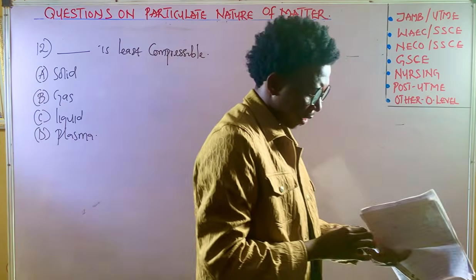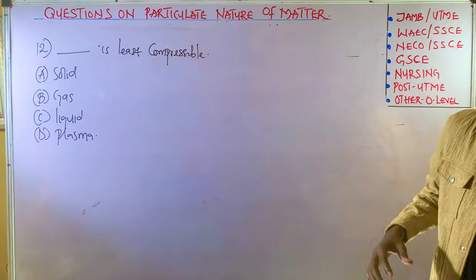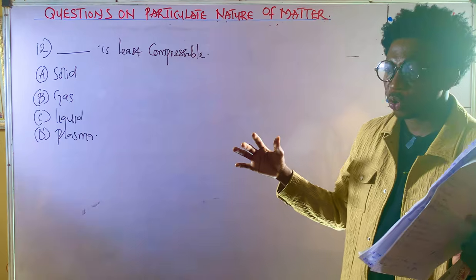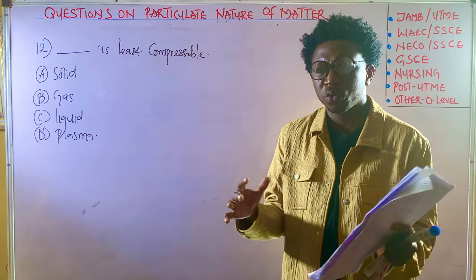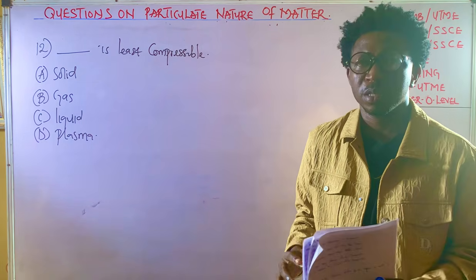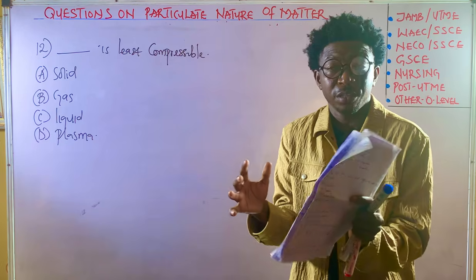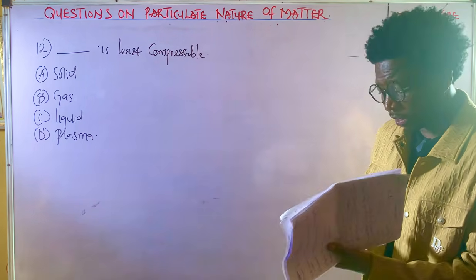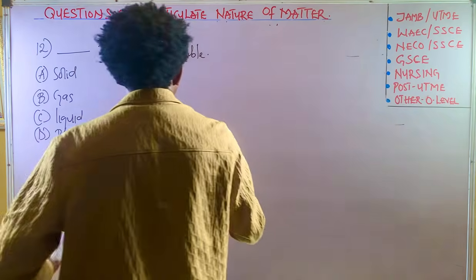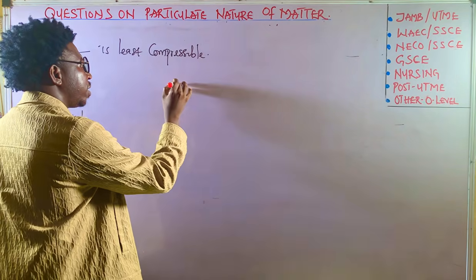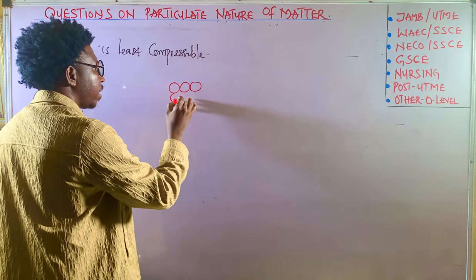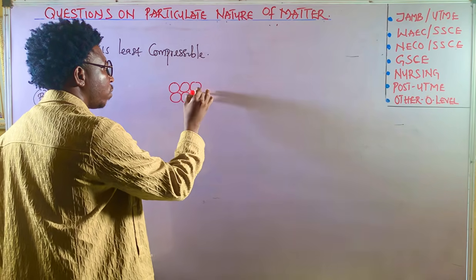Dash is least compressible. Now, compressibility actually means we are trying to compress, trying to decrease the intermolecular space, trying to decrease the space between the particles of different states of matter. Like we've drawn before, in the previous question, we drew something like this. For solid, these guys are what?